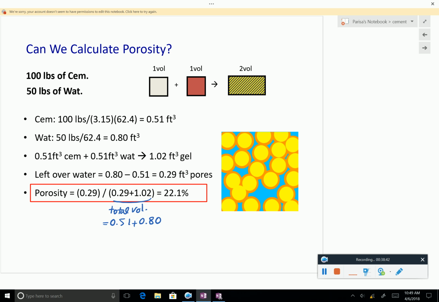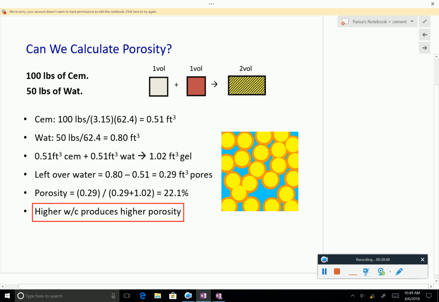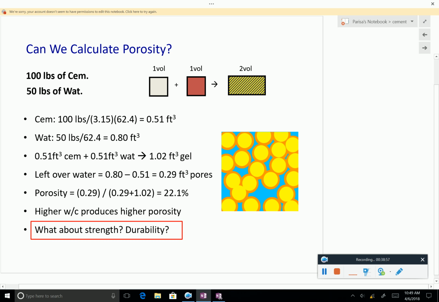I could have assumed 54 pounds of cement, 27 pounds of water. Anything which has this ratio. And of course, the higher the water to cement ratio, the higher the porosity, because you have more extra water. Strength goes down, durability also goes down if you have higher porosity.